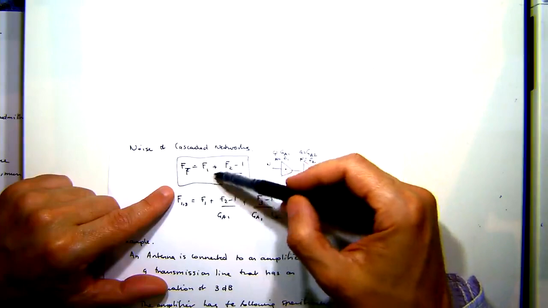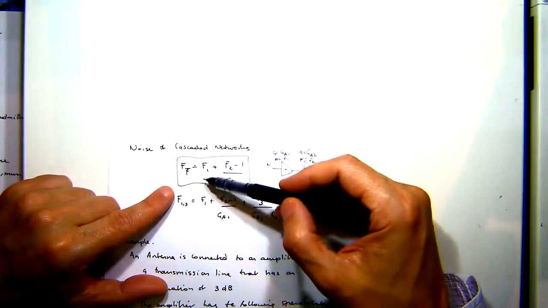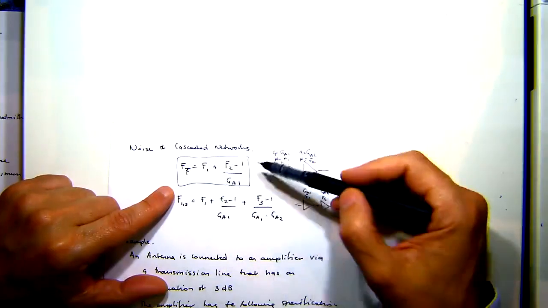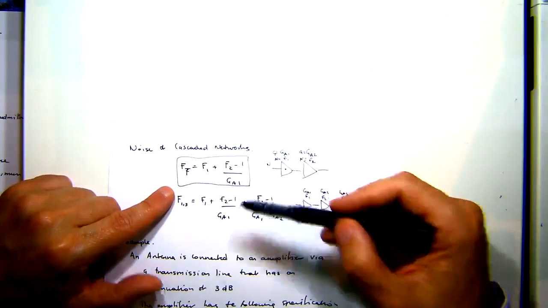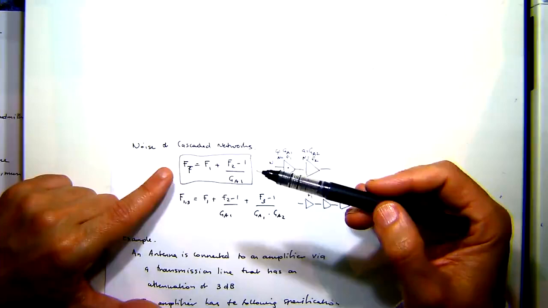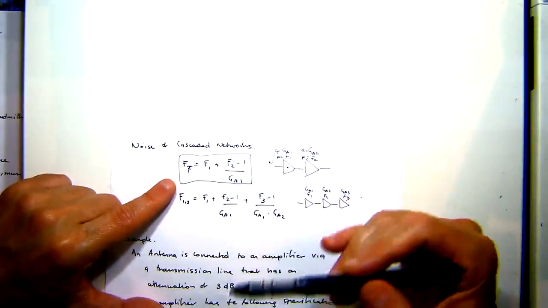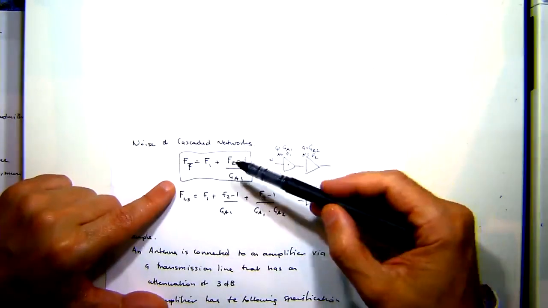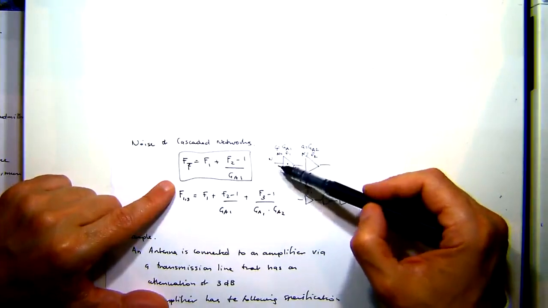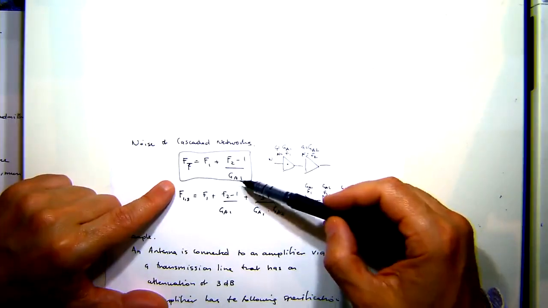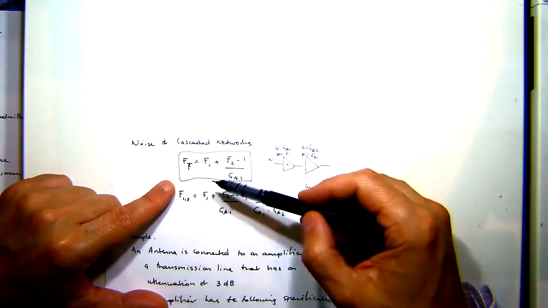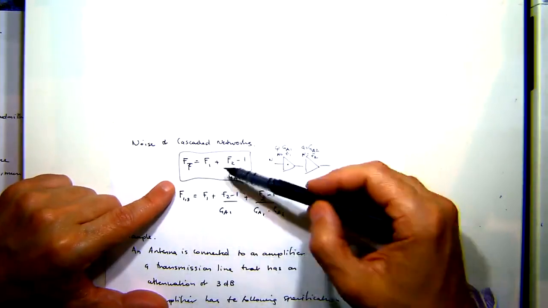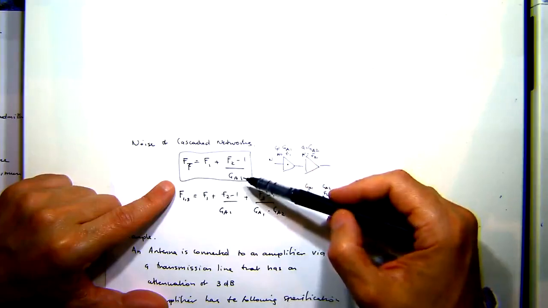Therefore, it's the first stage that contributes the most, provided that the gain of that amplifier is high. So when designing your receiver structure, try to build your first amplifier such that it has high gain but also low noise figure, because that's what contributes most to the overall noise figure of that transceiver chain.